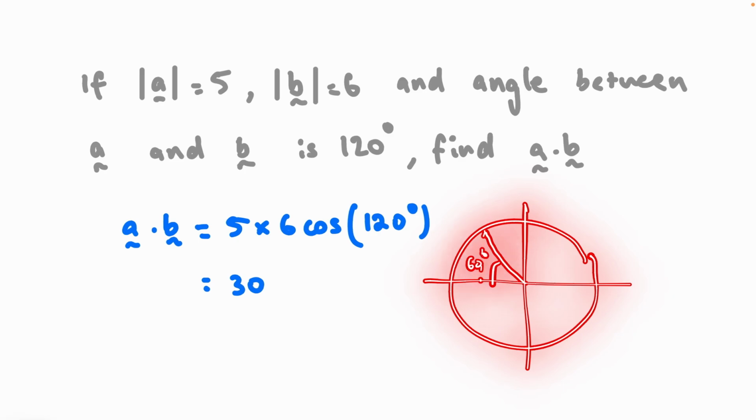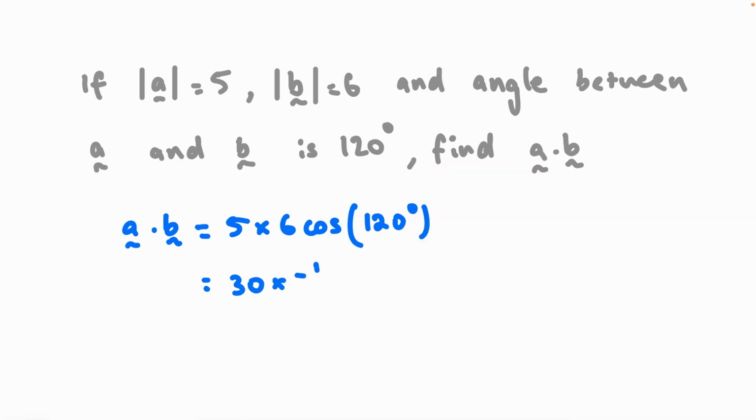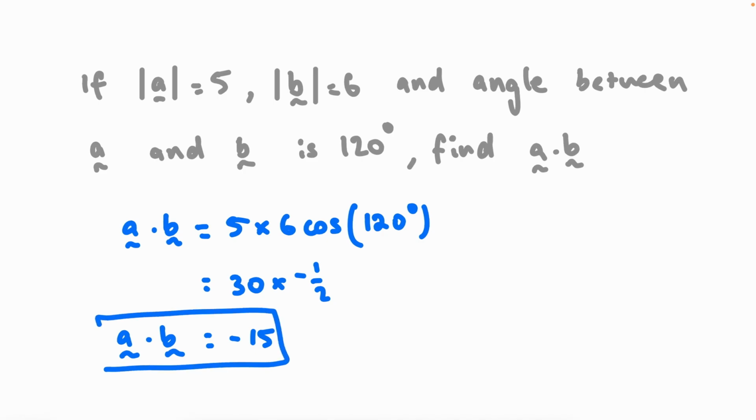And we know that cos is always negative in our second quadrant, so this is the same as negative cos of 60 degrees. And cos of 60 degrees is simply a half, so we have negative a half. Therefore, A dot B is simply equal to minus 15. That's how you do this question here.